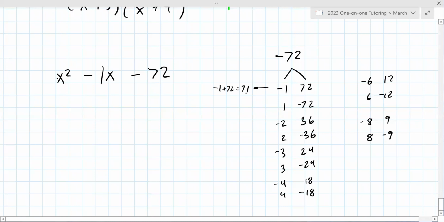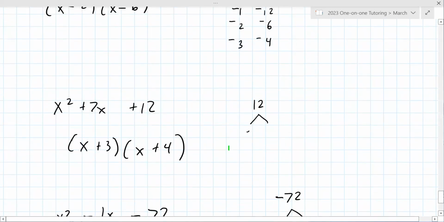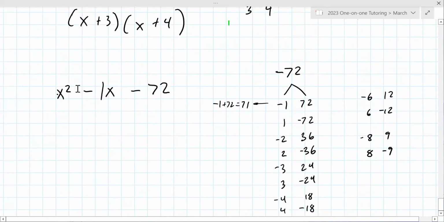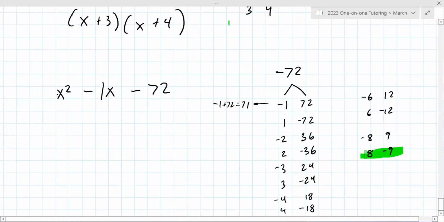That's way too big. So like in the previous problem, 3 and 4, do you see how they add up to 7? That's what we're looking for here. They have to add up to -1. So that will end up being this last one here.